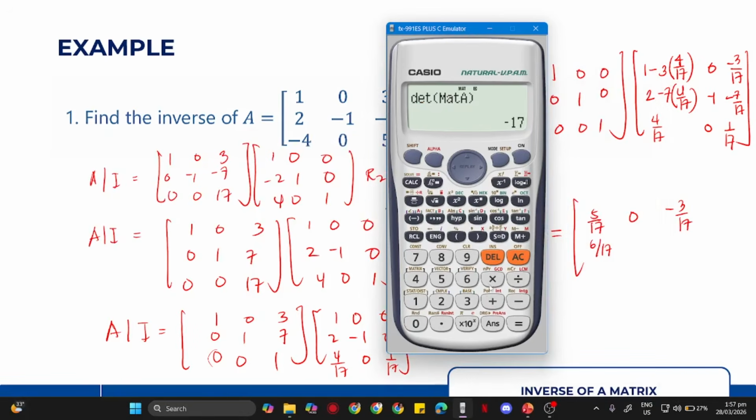So that is basically 2 minus, okay, that is 7 times 4, sorry, naka-matrix pala tayo. So 2 minus 7 times 4 divides 17, and that is equivalent to 6 over 17. Kanina, 1 minus 3 times 4 over 17, and that is equivalent to 5 over 17, which is correct.